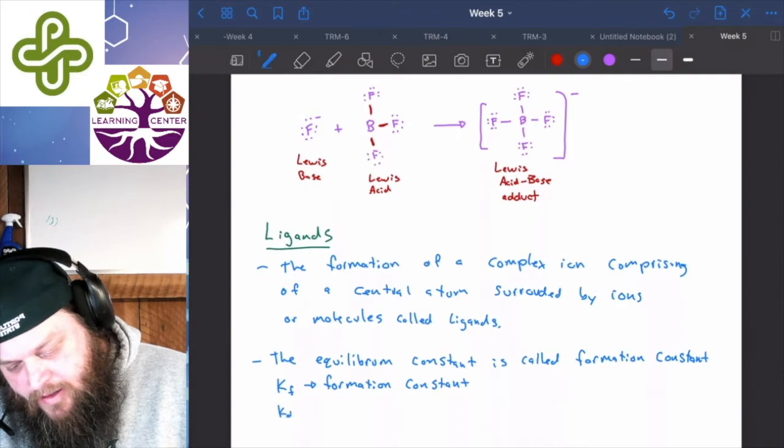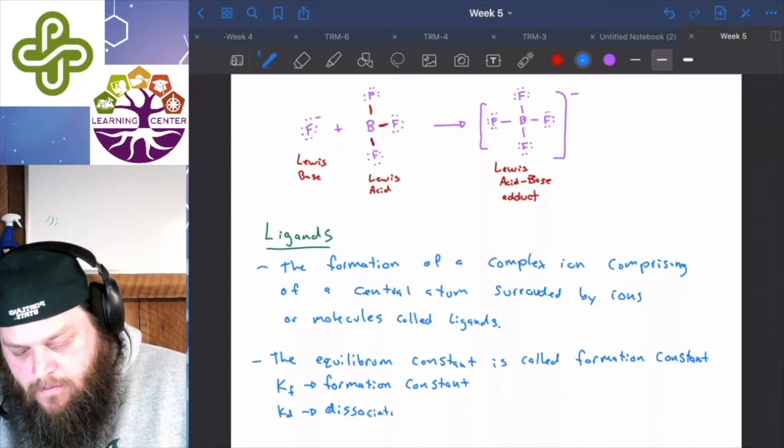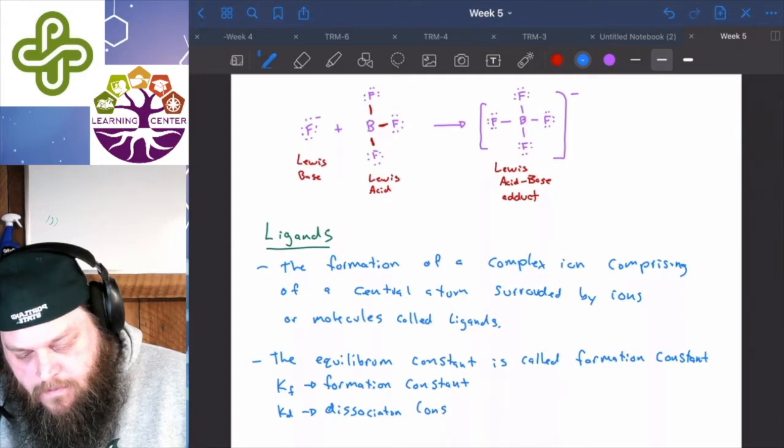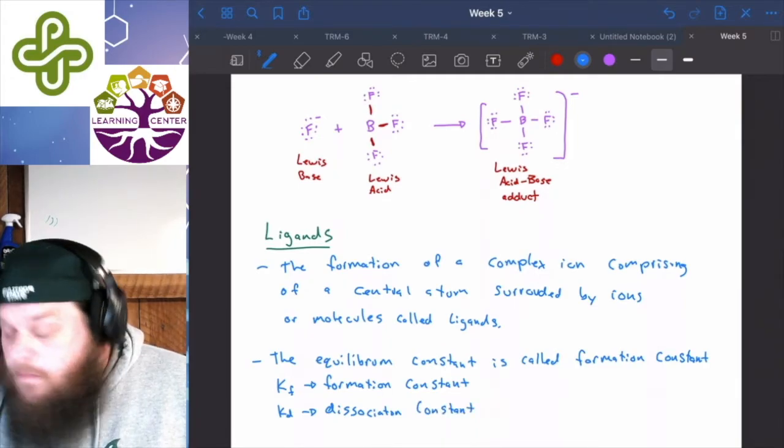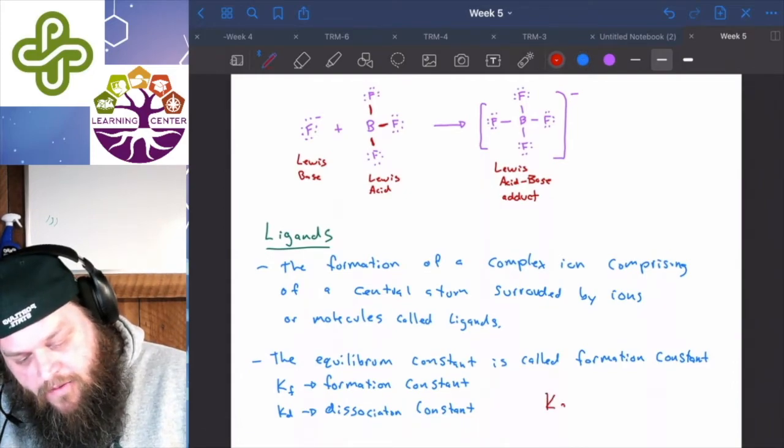And Kd is the dissociation constant. And they have a relationship where the Kf is going to be equal to the inverse of Kd.